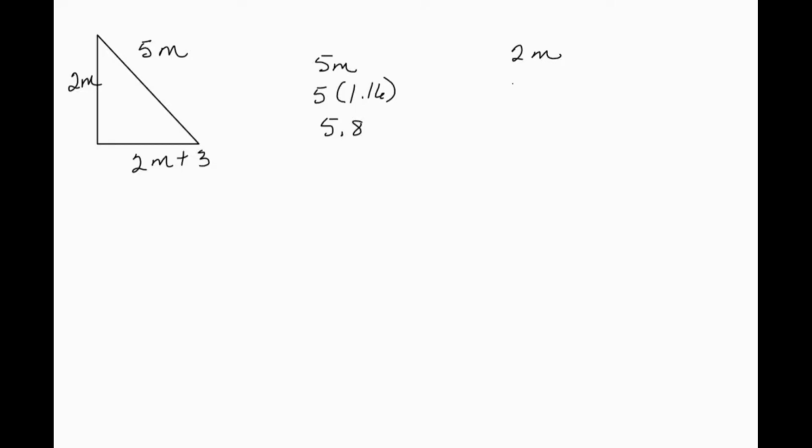And 2m is going to be 2 times 1.16, and that's 2.3. The third side is 2m plus 3. I already have 2m as 2.3, so I just have to add 3 to that, and I get 5.3. One thing I want to point out to you here is that when I found the m, I took it out to 2 decimal places because I don't want to round too early, because if you do, you're going to be off on your final answer.